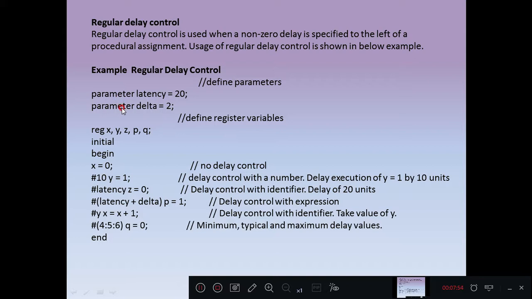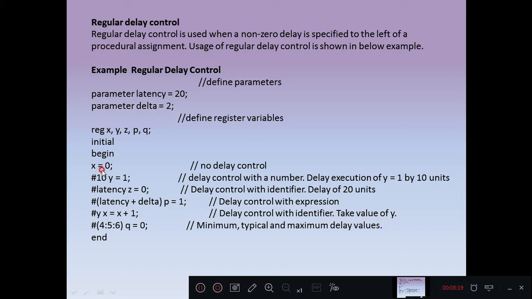Two parameters we have defined. Latency will get value 20 and delta will get value 2. Then we have defined registers X, Y, Z, P, Q. In the initial statement, there are multiple statements, so we write begin and end to indicate the start and end of the initial block.